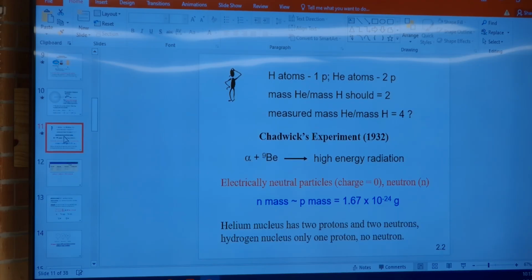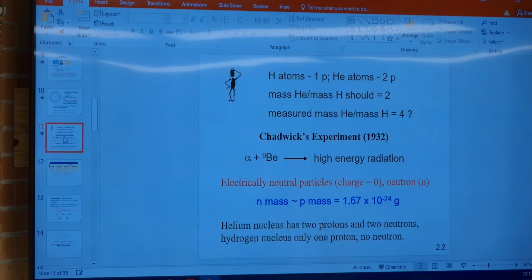That means no charge. And this particle's mass is approximately the same as a proton. No charge, that's why it is given the name neutron. Mass is similar to a proton. So according to this result, we can explain why the helium atom is 4 times heavier than hydrogen.